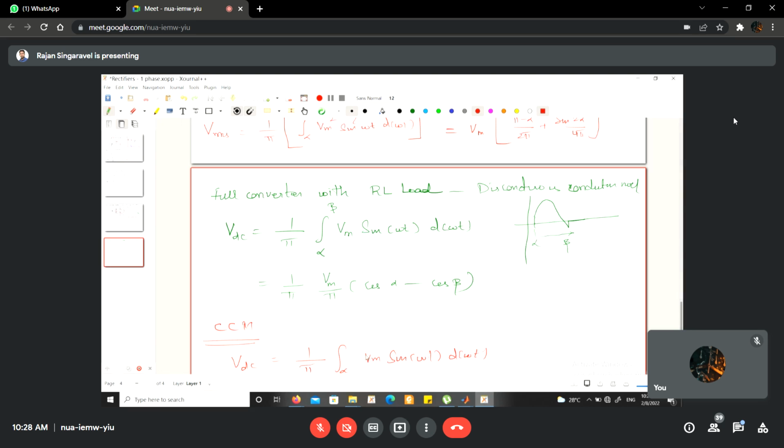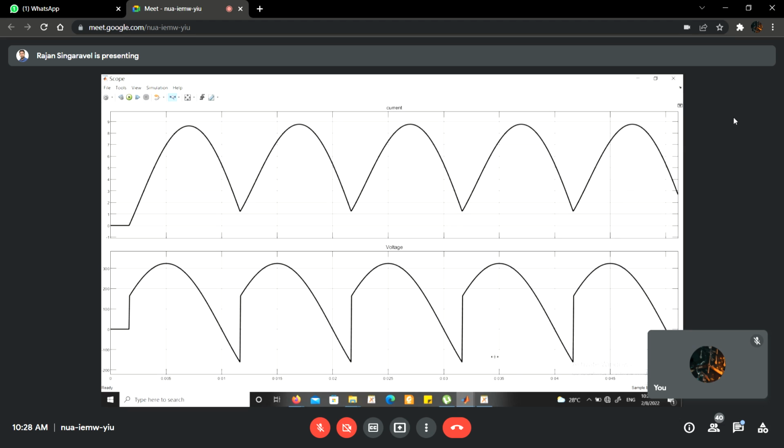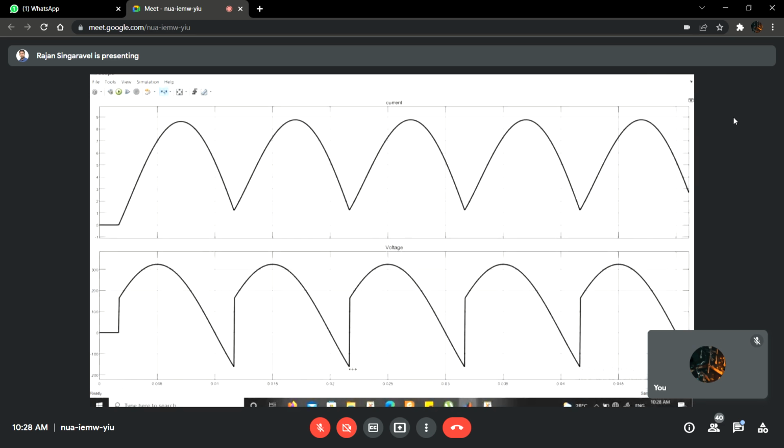Alpha is also the same, but the limit is, if you see this particular waveform, you can understand that the voltage is available from alpha to pi plus alpha, because the current is still continuous, and at pi plus alpha we are triggering the next set of thyristors. So from pi plus alpha the next half cycle begins.